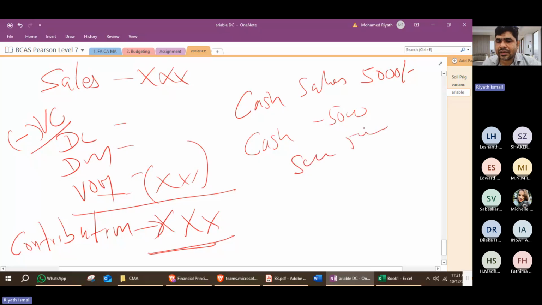So this is the account. What's the double entry for the purchase of inventory? Inventory purchase for 3,000, a cash purchase. Inventory account debited, cash credited.